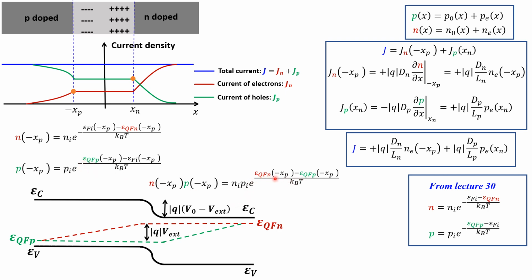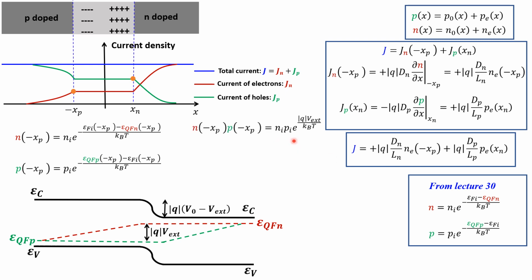And this difference, this level minus this, is the external voltage times the magnitude of the electron's charge. So we have an expression for the product n p in terms of the external voltage.